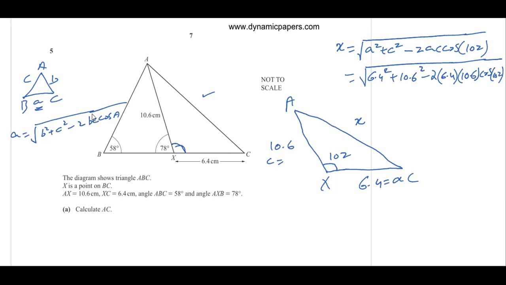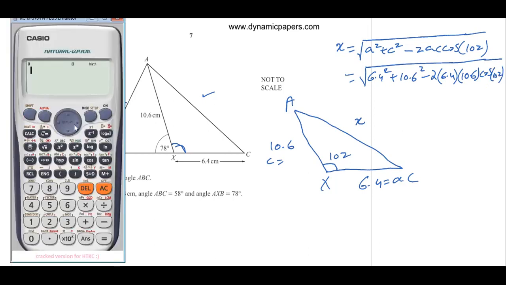Calculate, and make sure your calculator is in degree mode, because all our IGCSE calculations are in degrees. Square root of 6.4 squared plus 10.6 squared minus 2 into 6.4 into 10.6 cosine of 102.